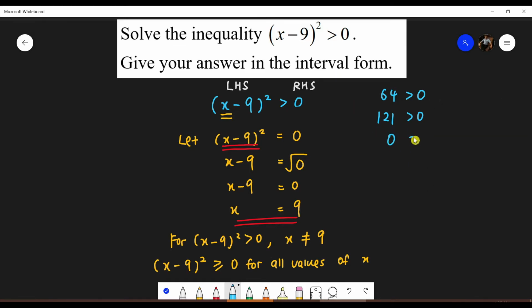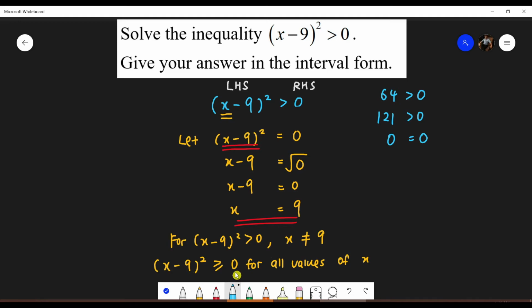So 0 equals 0. As you can see, after we substitute three values, x = 1, x = -2, and x = 9, the left hand side is greater than or equal to 0. So this means the second statement is correct for all values of x. No matter what value of x you substitute, this term will definitely be greater than or equal to 0.